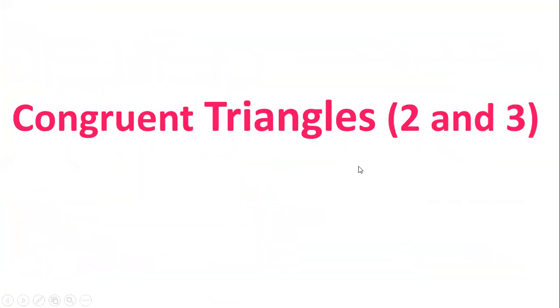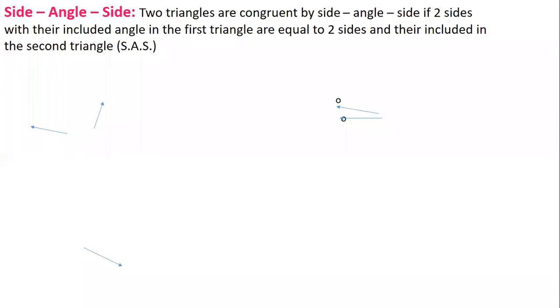Let me now move and start with our congruent triangles, case 2 and 3. Of course, first we are starting with case 2. I want case 2 to be read by, let me choose a boy now, yes, Jude. Can you read case 2? Start reading, Jude. Side, angle, side.